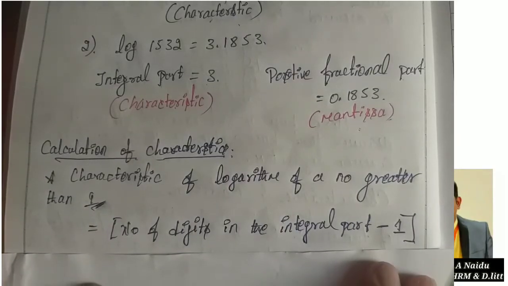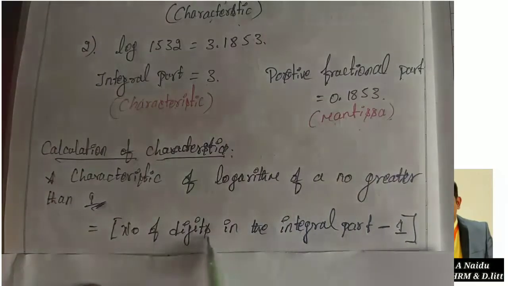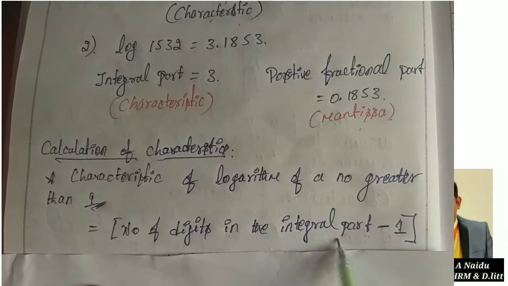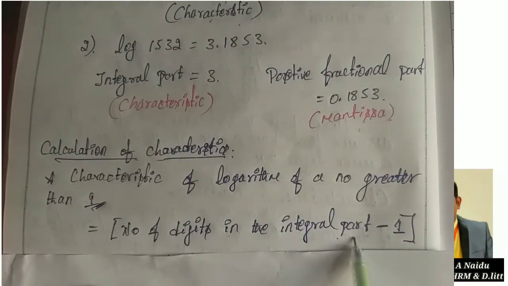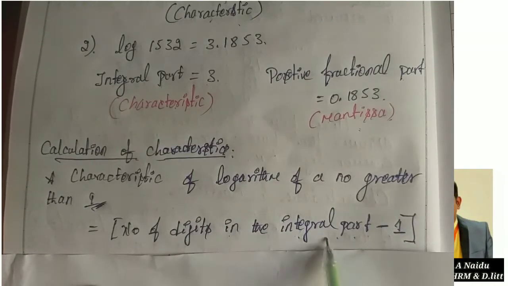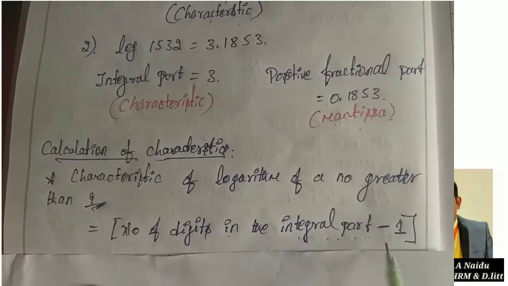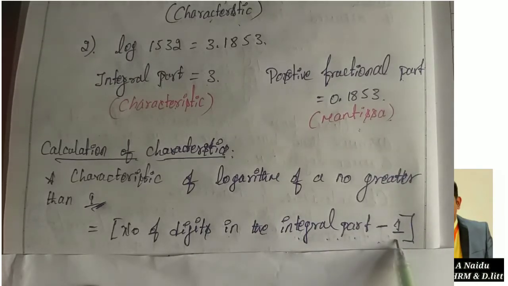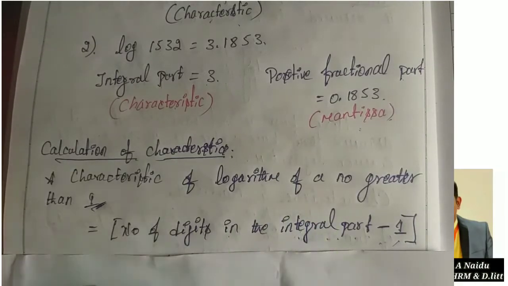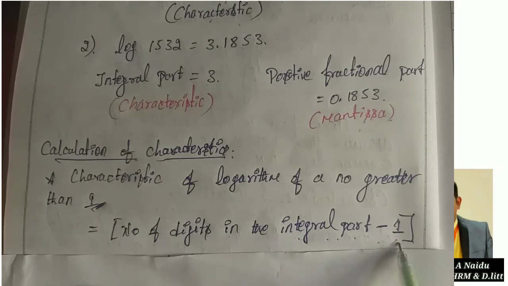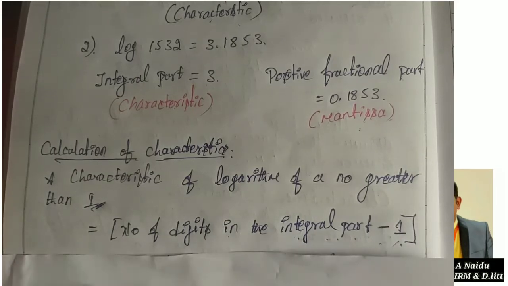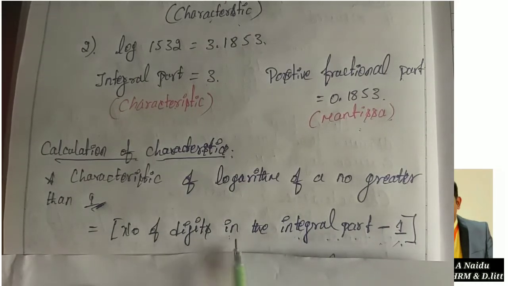It is the number of digits in the integral part, minus 1. So whatever the integer part is, before the point, count its digits, minus 1. This is the formula. Remember, write it in your notebook and keep it ready.